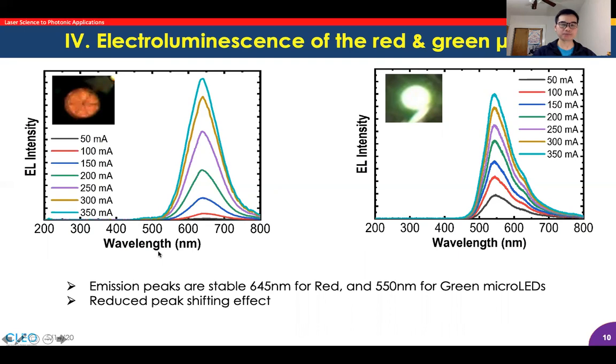Let's move to see the electroluminescence of red and green micro LEDs. Here we can see that under different injection currents from 50 milliamperes to 350 milliamperes, the emission peak of the red micro LED stays at the same value, around 645 nanometers. For the green micro LED, the emission peak stays around 550 nanometers. The peak remains at the same value, so the shifting effect is reduced. That shifting effect is present in the thin film structure.